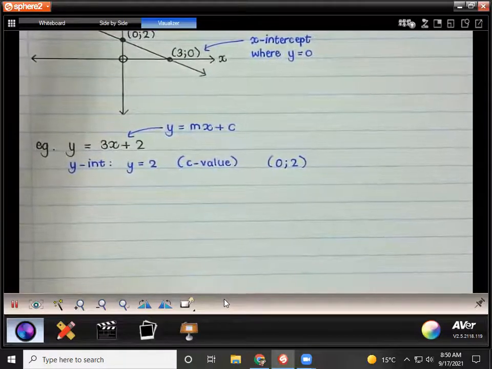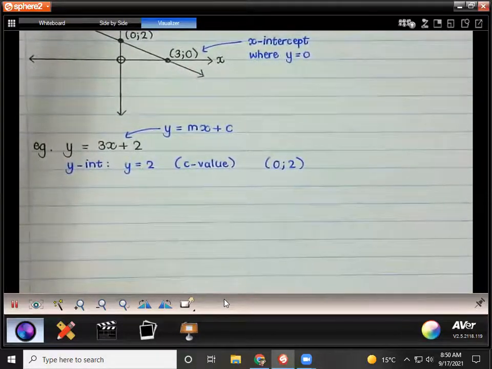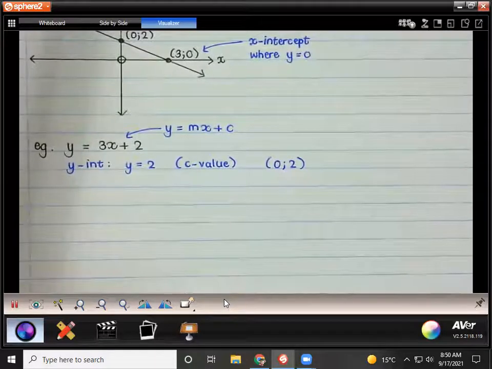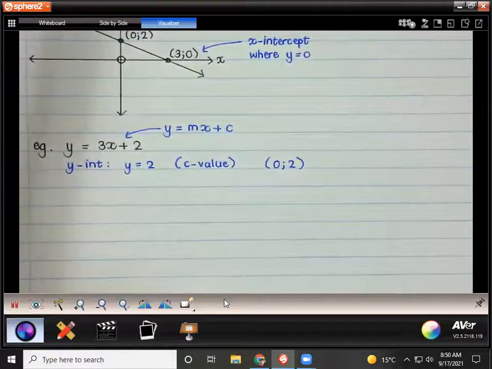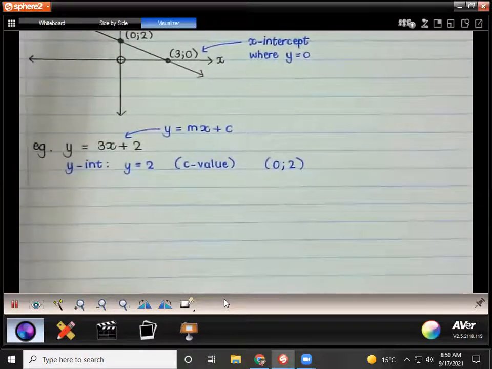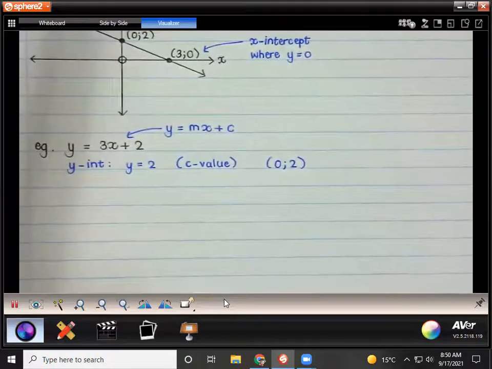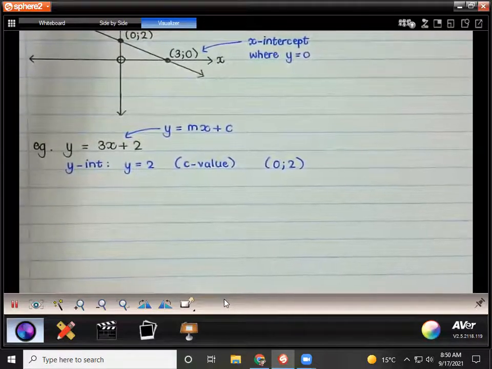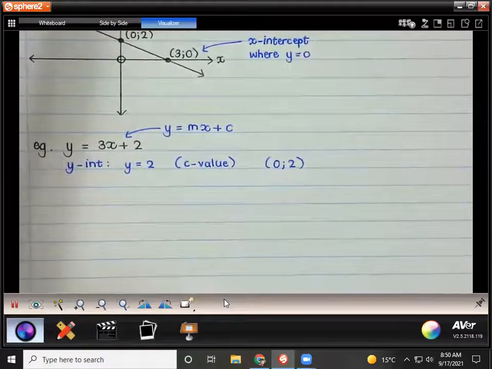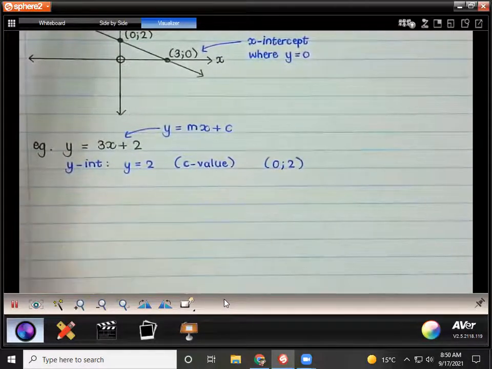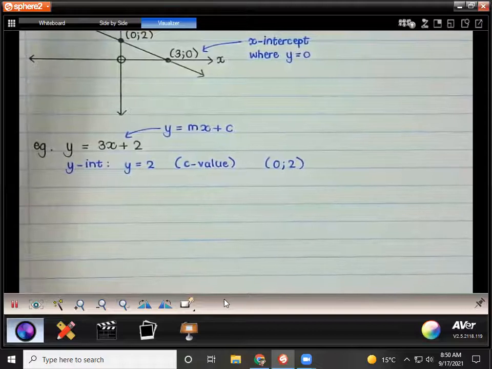What was the other method that they said? Look at what we underlined in the paragraph. How else can we find the y-intercept? It's not on the board, it's in your books. So we've done the c value, but there's another method of finding it. We can make x equal to 0. The reason for that is because a y-intercept always has an x value of 0.